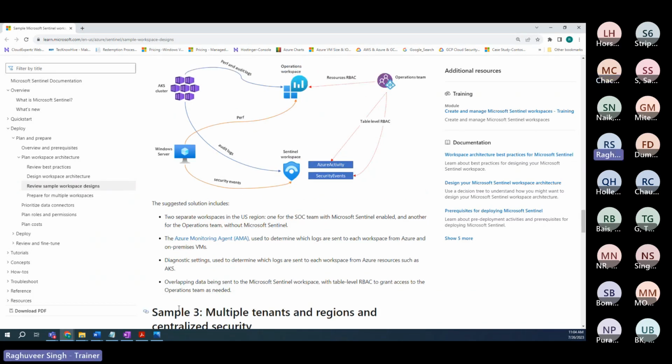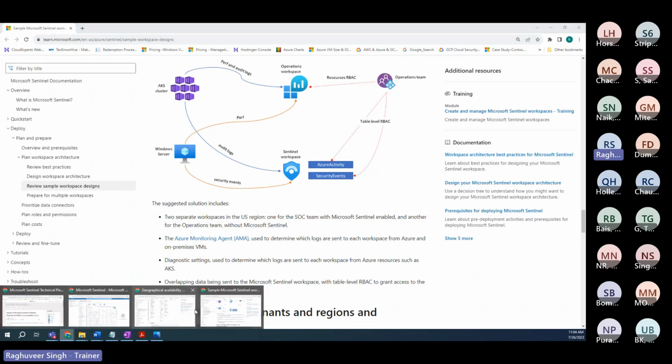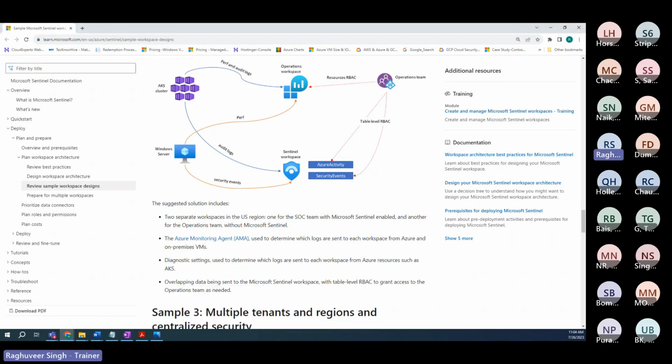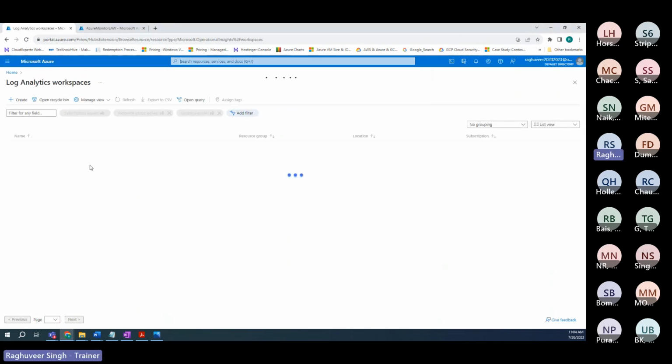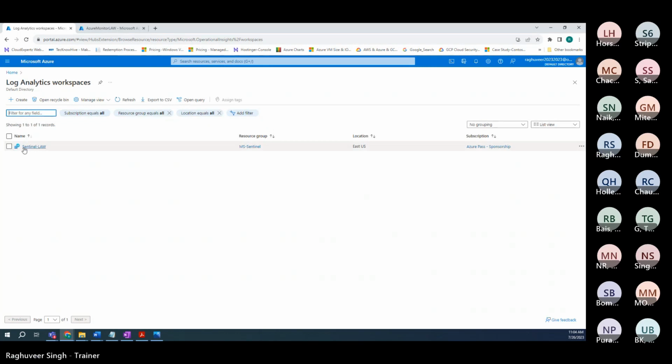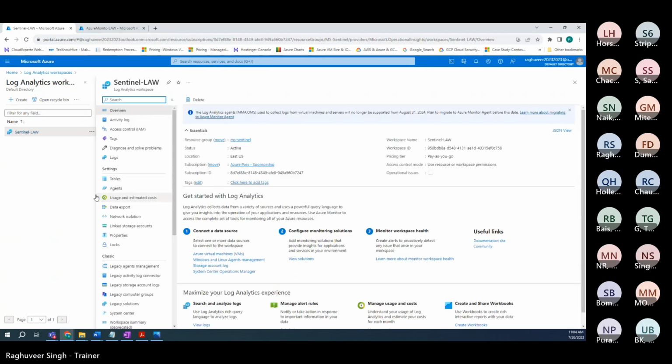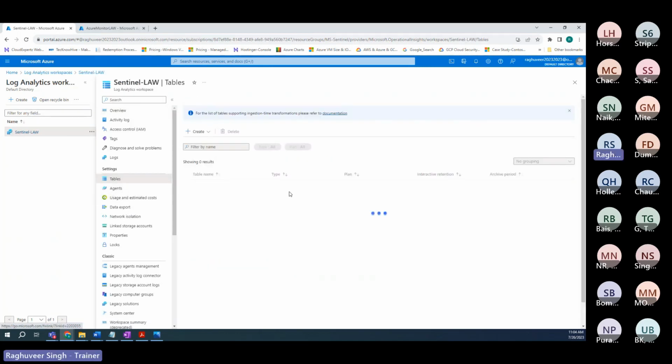Table level, so basically what happens here, let me take you to, give me a moment. So this is my Log Analytics workspace, which is connected to Sentinel, let's say. These are my tables.